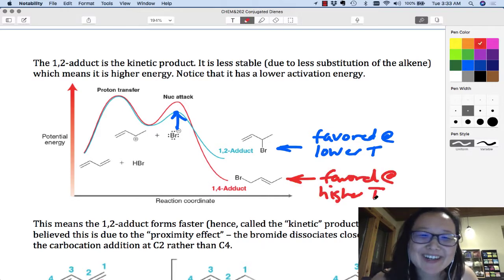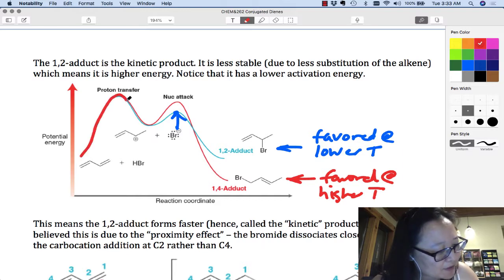Now you might wonder, well, if I have higher temperature, that just means I can get both of these, right? Well, it turns out that at higher temperature, you're more likely to be able to reverse your reaction. Let's say you have a certain amount of energy and you can overcome this first barrier, and you just happen to overcome the second barrier like that.